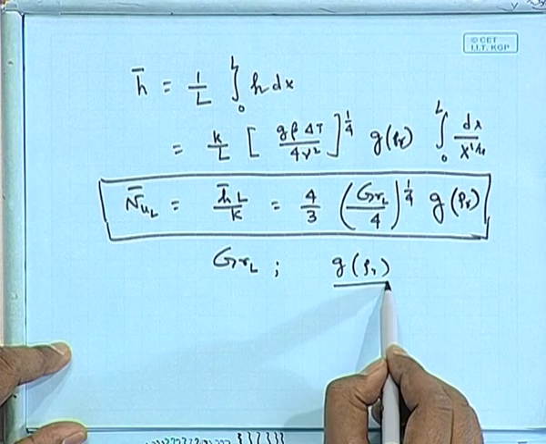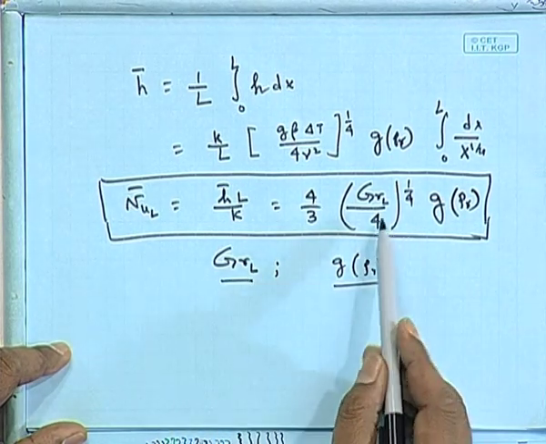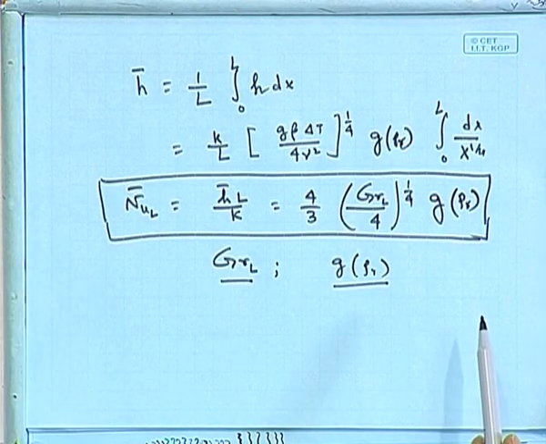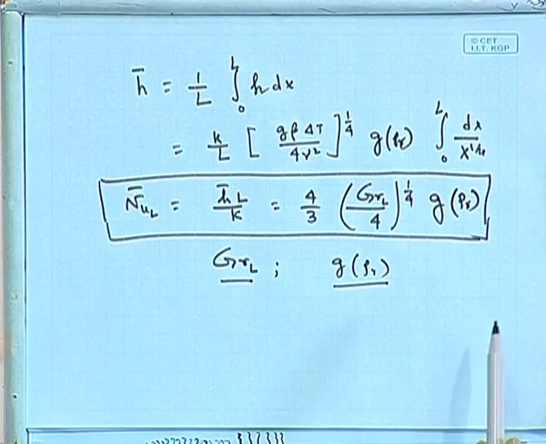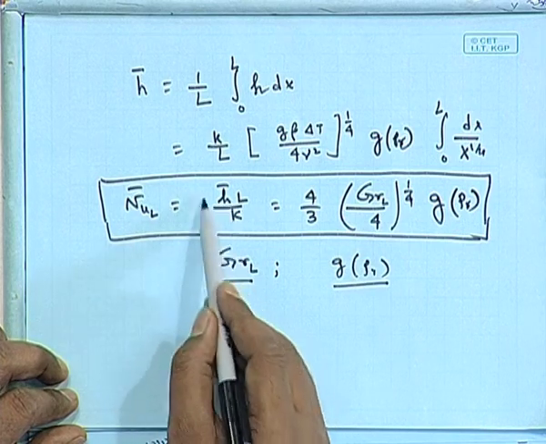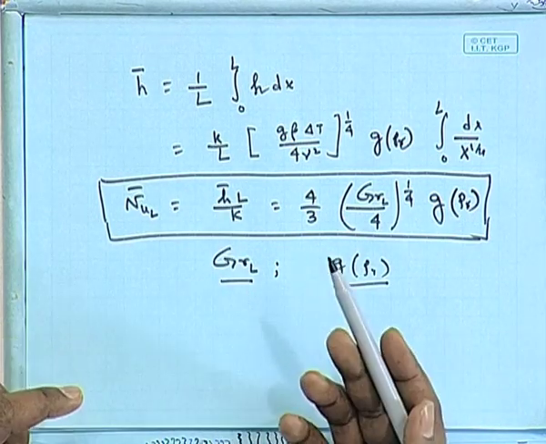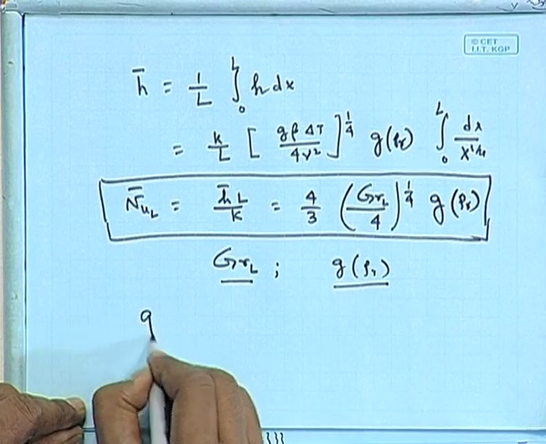Now, evaluate g of Prandtl, evaluate Grashof number, because in the definition of Grashof number you do not have the reference velocity, because you have done away with that. You know all the other variables, and compute and find out the average heat transfer coefficient, and get what is the amount of heat that has been transferred.